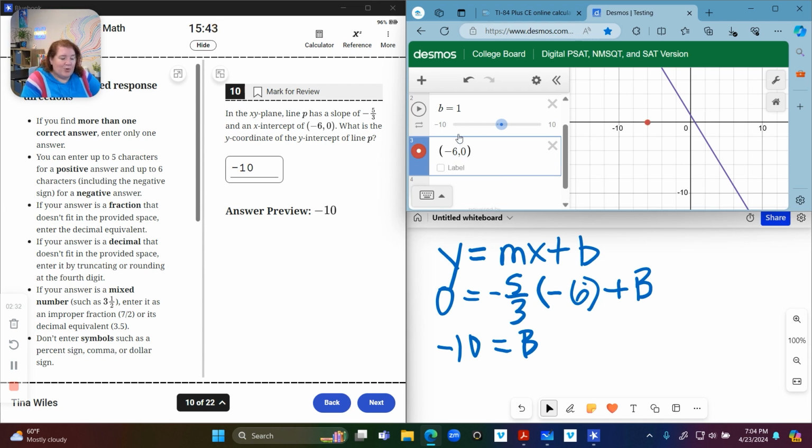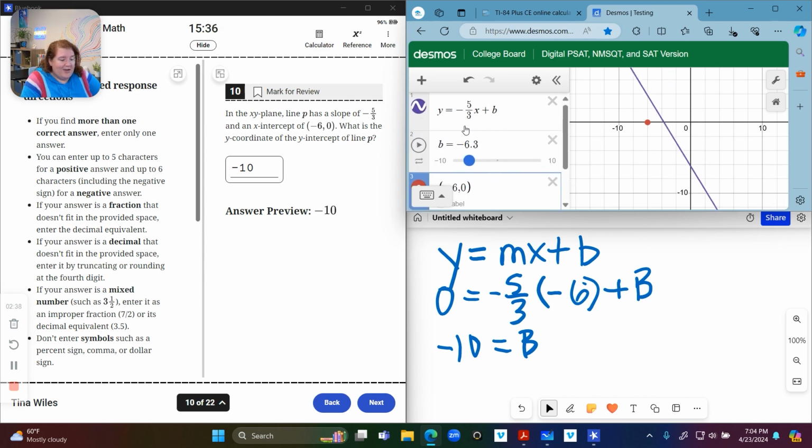When we have a number or variable other than x or y, it gives you the option to add the slider. What happens is as I change that, I'd be able to see what goes through that point. It's basically just changing the value. So you can see -10 is the right answer.